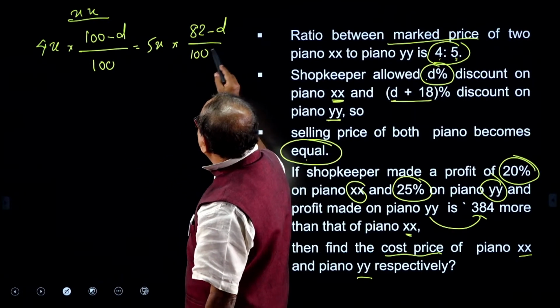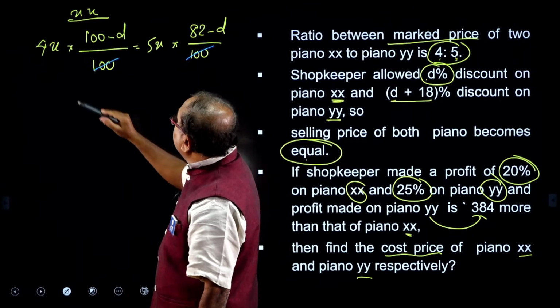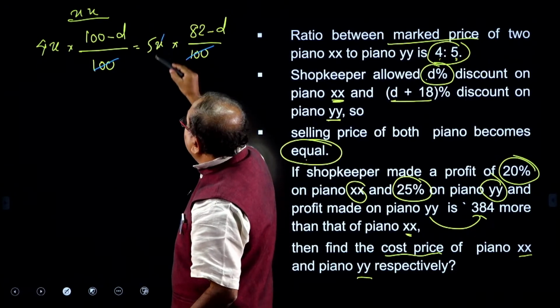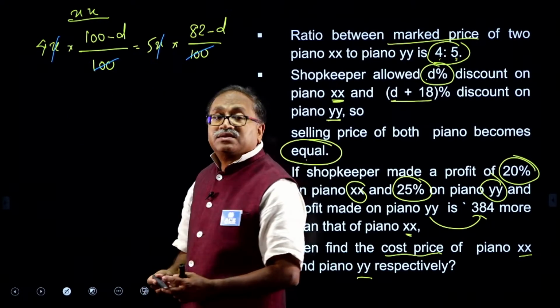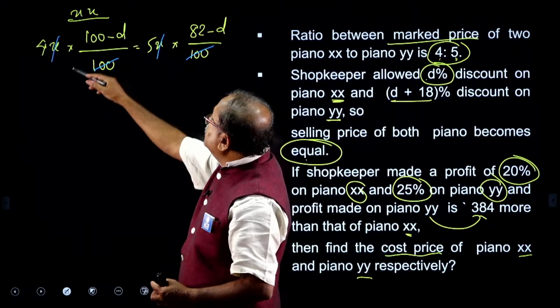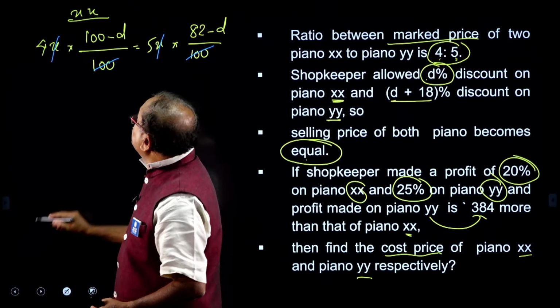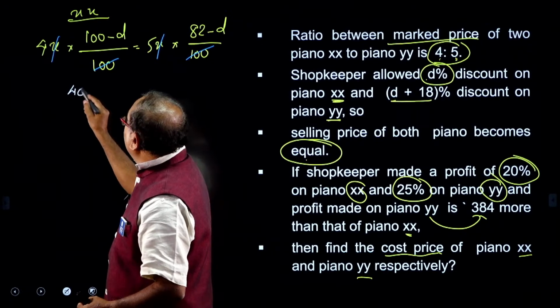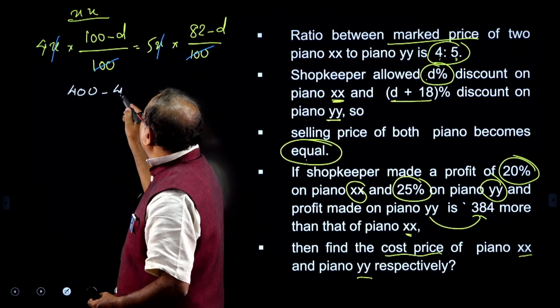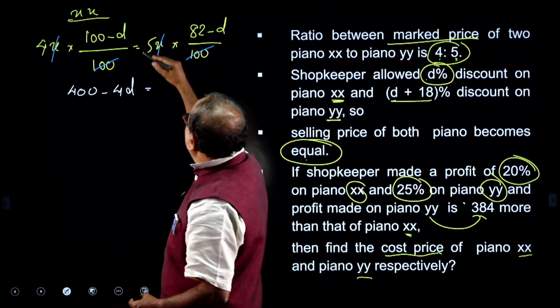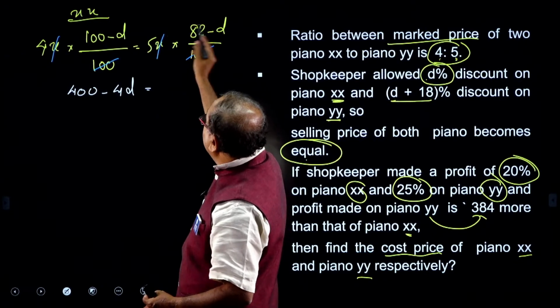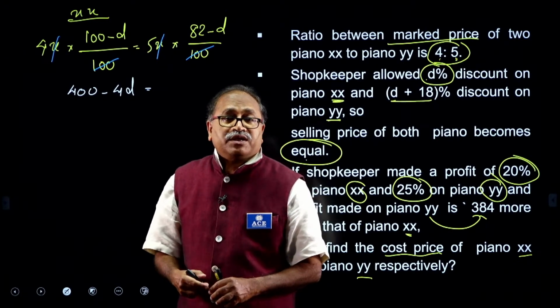So, I notice that this 100 on the left hand side and right hand side is getting cancelled, the X on the left hand and right hand side is getting cancelled. So, I get this as 400 minus 4D, which is equal to, I will multiply this by 82 into 5, that is 410.